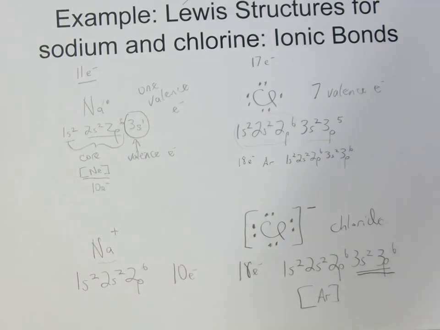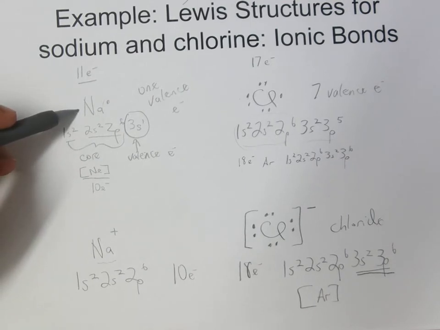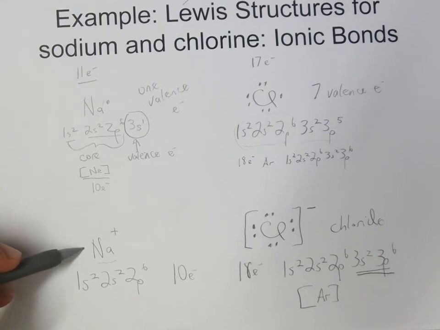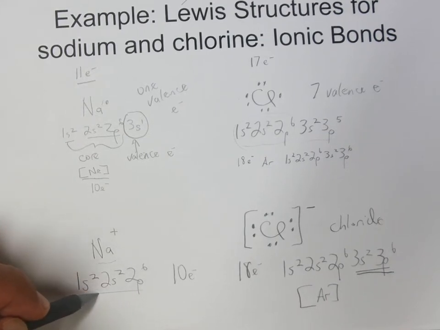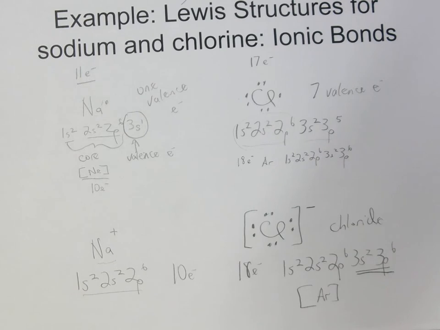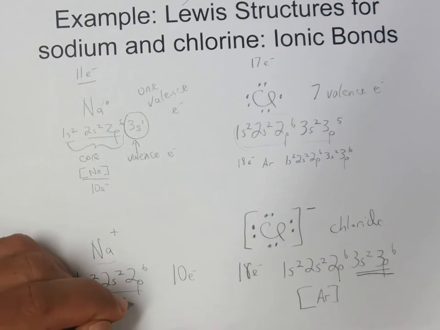So the 8 valence electrons in the chloride is more stable than the 7 valence electrons in the chlorine. And so you can see how sodium, to get to a pseudo-noble gas configuration, would lose 1 electron, to have the same electron configuration as a noble gas, neon.